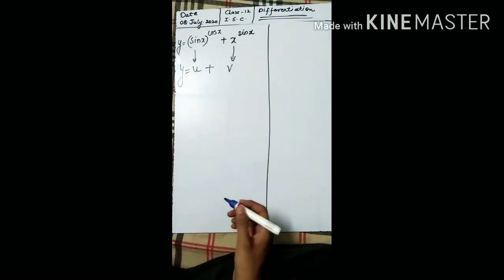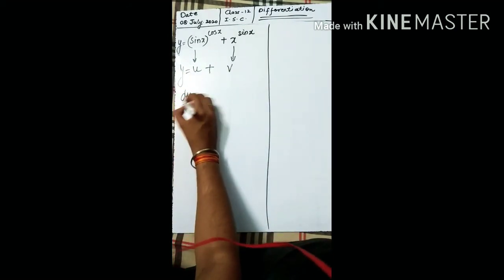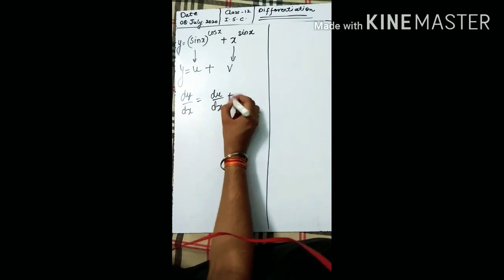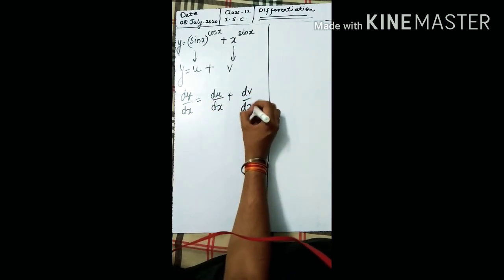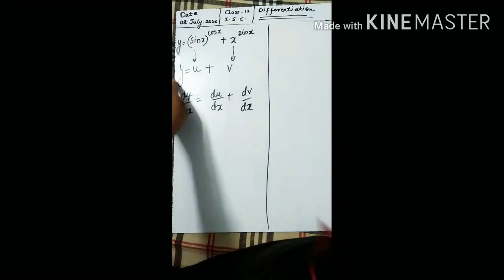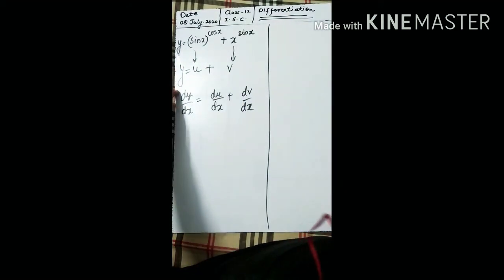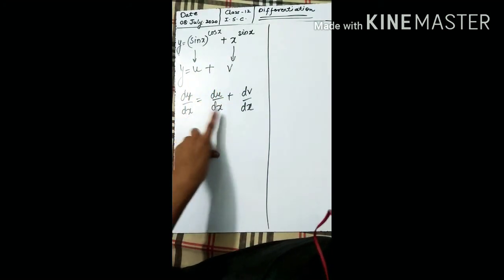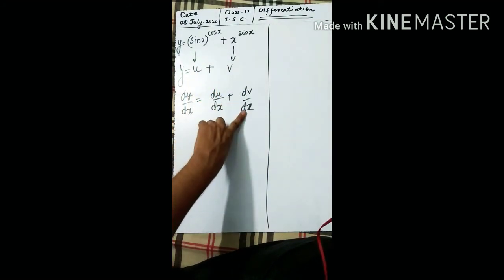We need dy/dx. So if we differentiate this equation, dy/dx is equal to du/dx plus dv/dx. On differentiating this equation, y will be dy/dx, u will be du/dx plus v will be dv/dx. With respect to x we have differentiated.